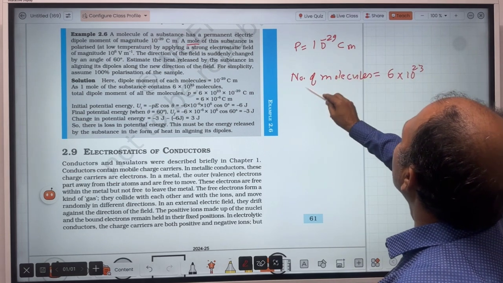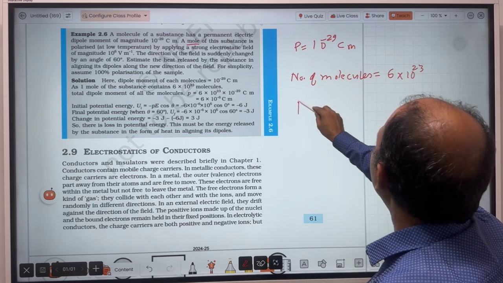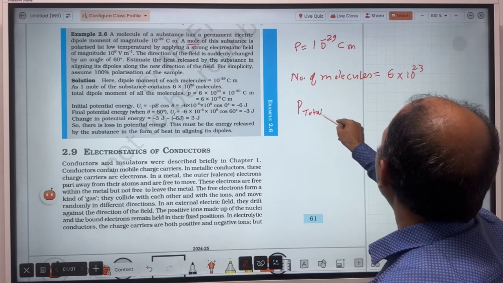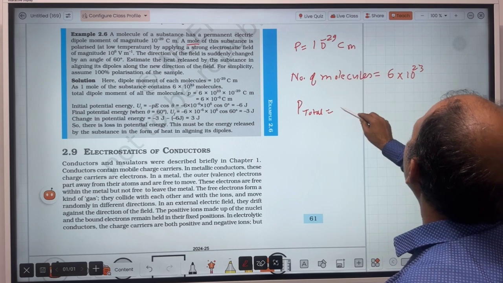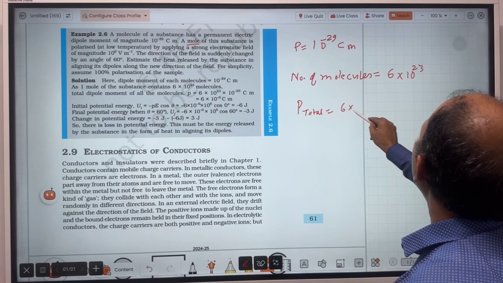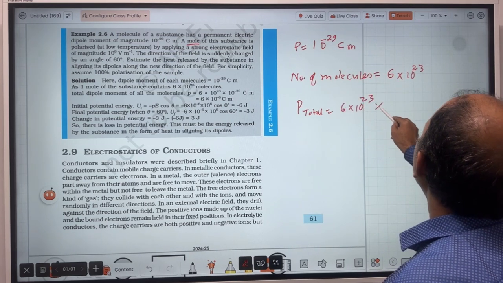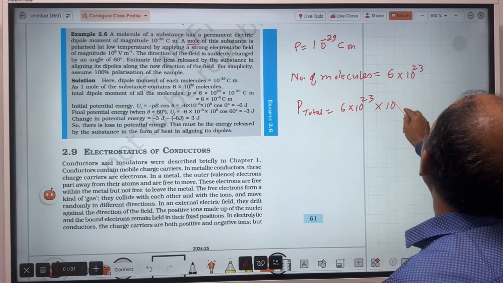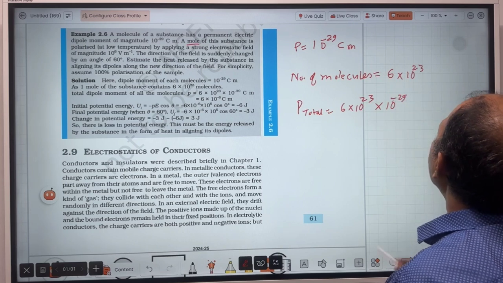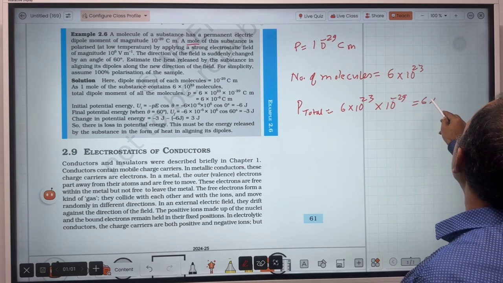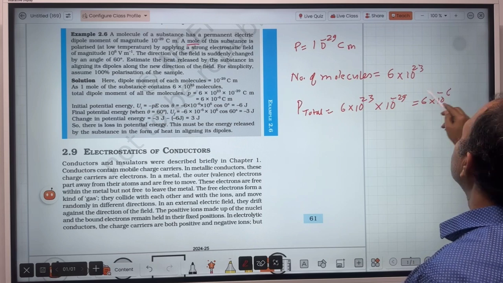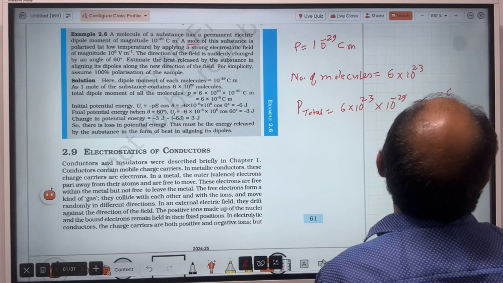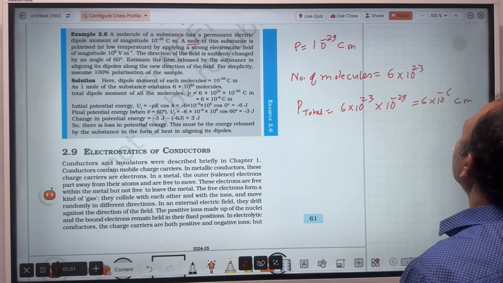So if we find the total dipole moment, say P total, it will be equal to the number of molecules, 6 into 10 to the power 23, multiplied by the dipole moment of each molecule, 10 to the power minus 29. So this becomes 6 into 10 to the power minus 6 coulomb meter.